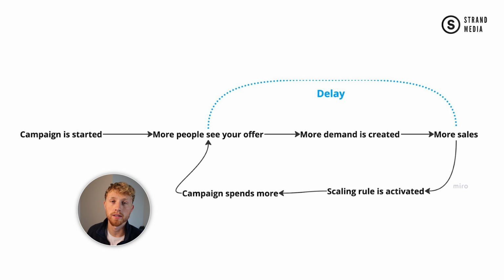But we're also using a scaling rule to turn down the budget if we are not hitting our goal. If our cost per result is too expensive or our ROAS is too low, then we want to scale down back to a level where the results are profitable again. So we're also using the automatic scaling rule to stay at a level of spend that makes sure that we get profit and we're not wasting money.